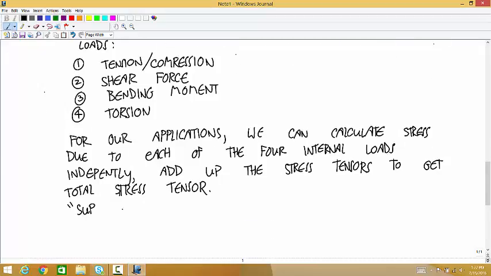That's a great name. Superposition. And it's a really useful thing whenever it comes up. It just says that you can take a complicated situation, break it up into a bunch of different causes, calculate the effect due to each one of those causes, and then add them up to get the total.